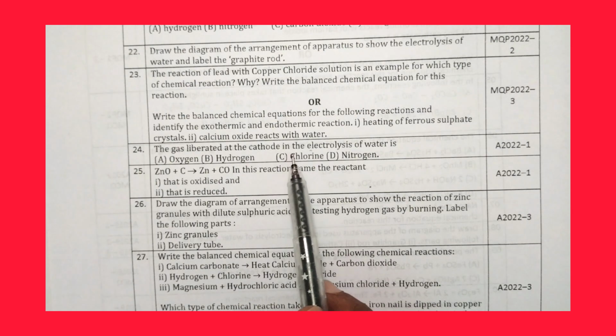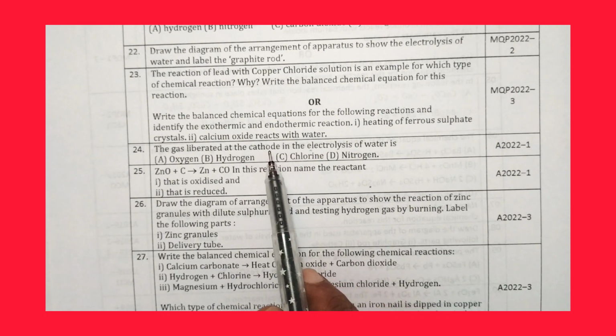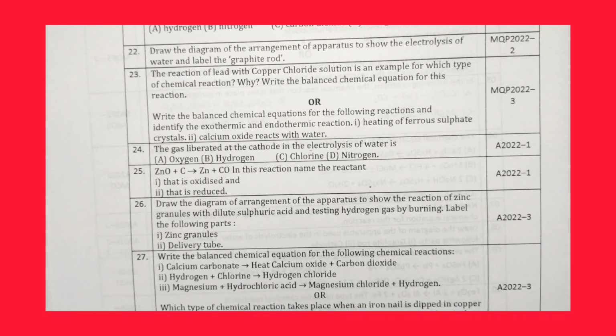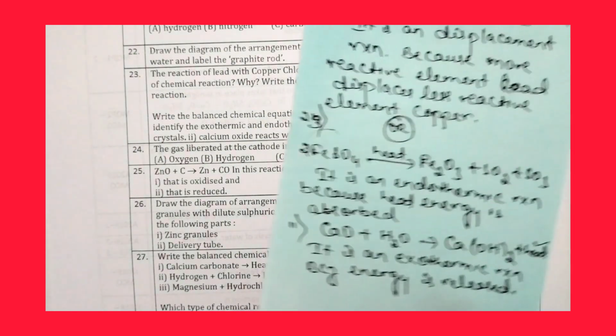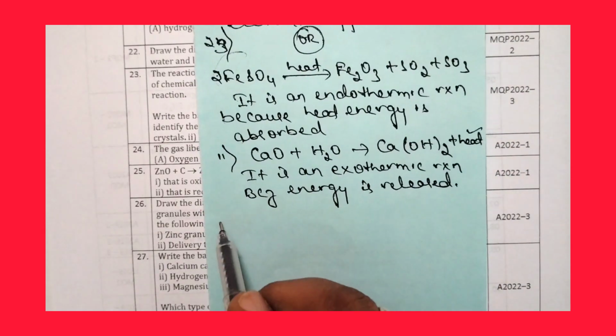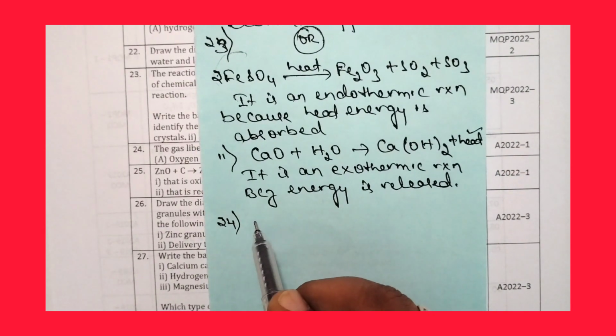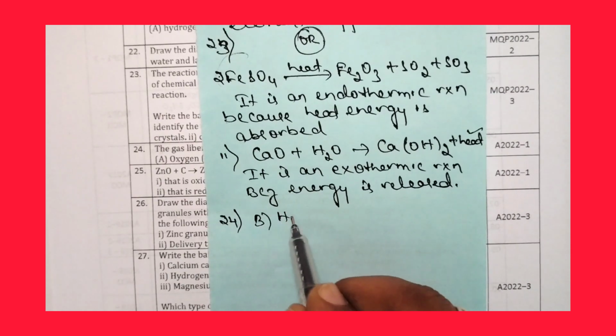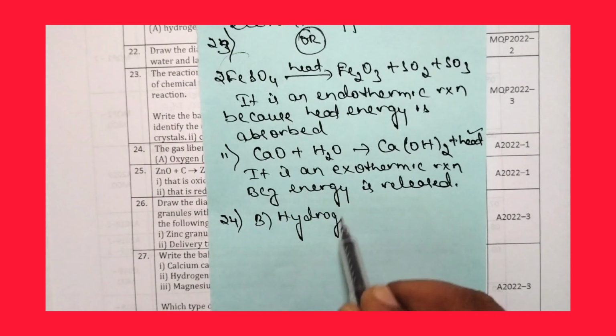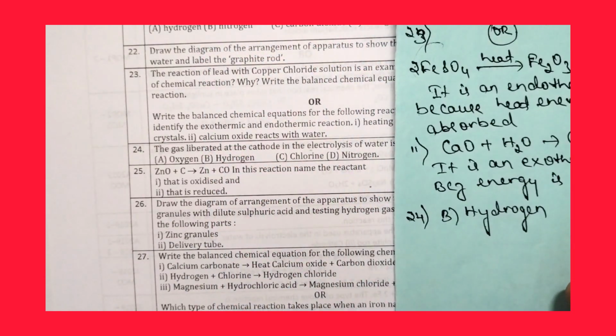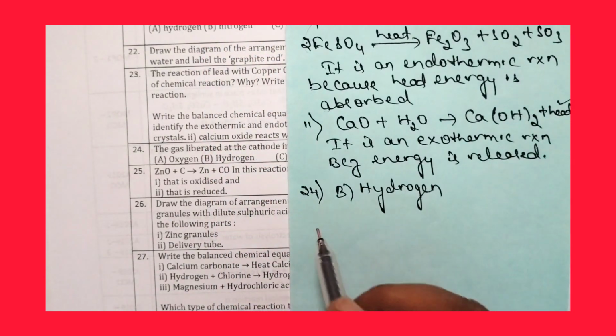At the cathode, hydrogen is liberated. Hydrogen at the cathode, oxygen at the anode. So the right answer for the 24th question is option B, hydrogen.